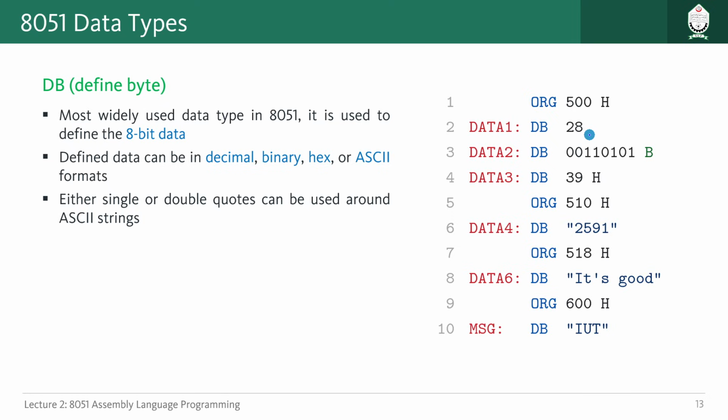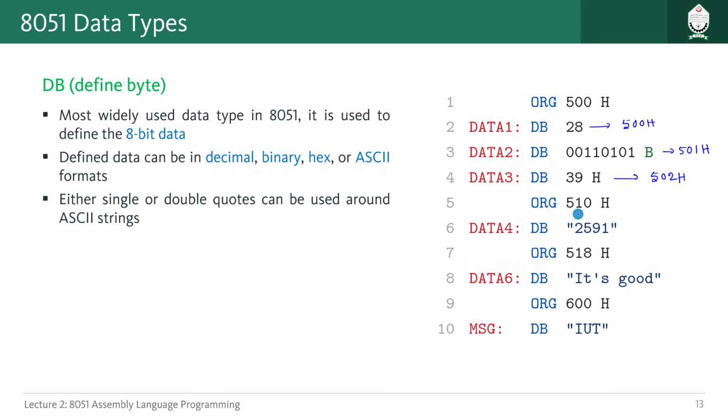That is the instruction. Maybe we will talk about the label later on. Just try to understand this. So in the 500H location we have stored this one. If we go to the next line, this value will be saved on the next location, which is 501H, and in the next line 39H will be saved on the next location, which is 502H. So we are just writing the locations. This is 500H, this is 501H, and this is 502H. Then we have another ORG statement.